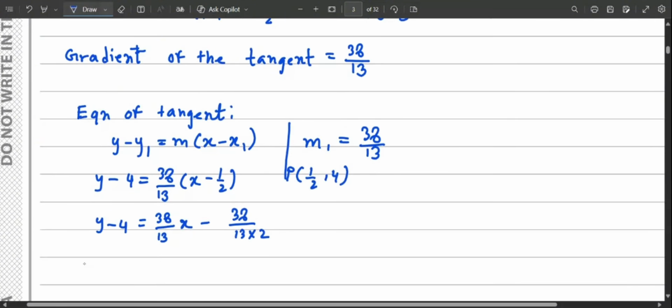Multiplying both sides by 13 into 2 gives us 26y minus 104 is equal to 38x minus 38. The value here will be 76 because we are multiplying it by 13 into 2.